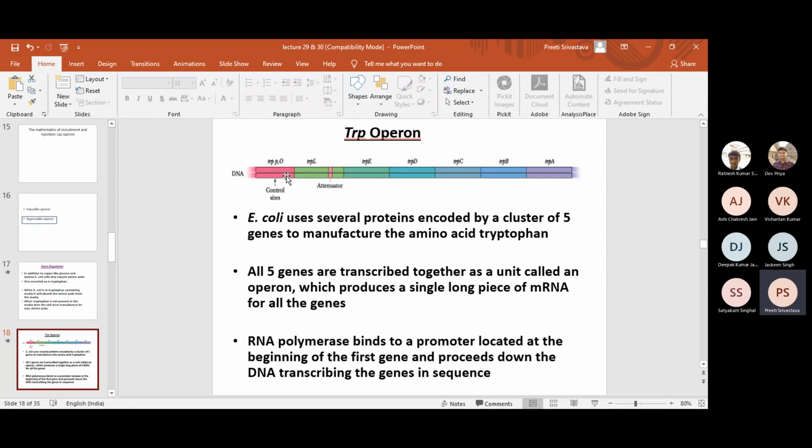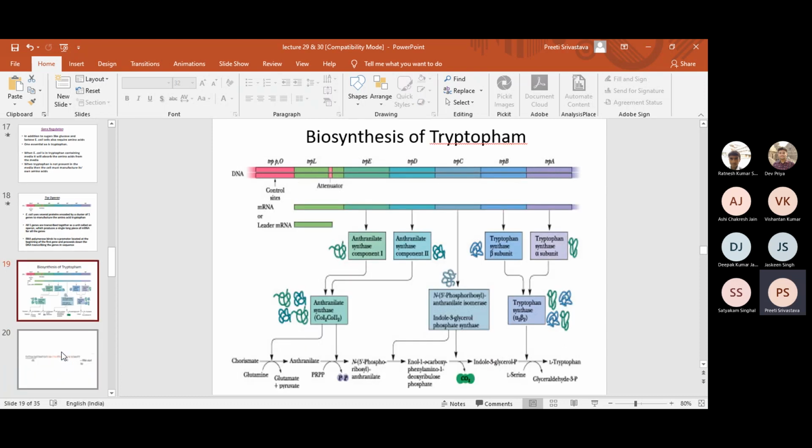But these operons remain off when you have tryptophan in the media. Then the cell has ability to take up tryptophan, arginine, phenylalanine, right? But when you do not have these, then it can make its own. But then let's see how does it make its own.